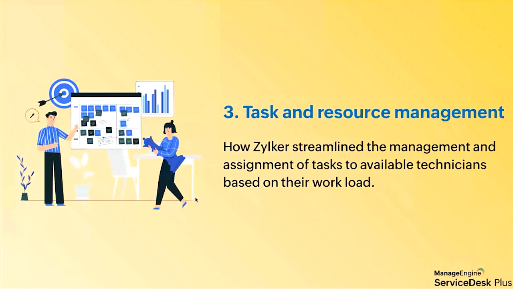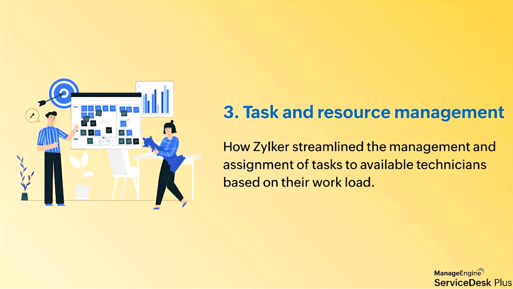Next is going to be task and resource management. When Zilker's organization became bigger day by day, the task and resource management was not up to the mark. The administrators were not notified of the leaves that were taken by the technicians. They did not delegate any of the work that the technician was supposed to do on that particular day.